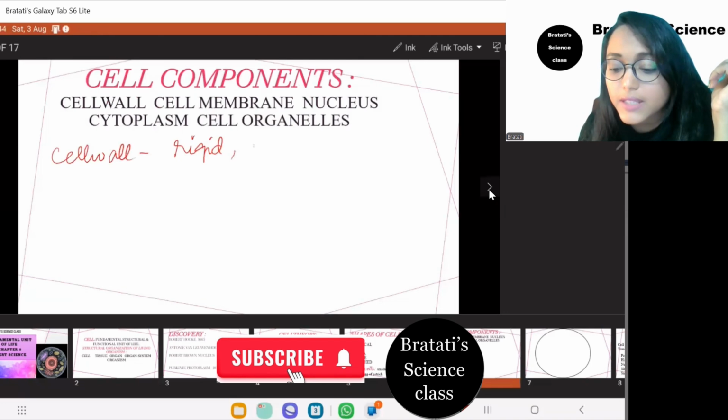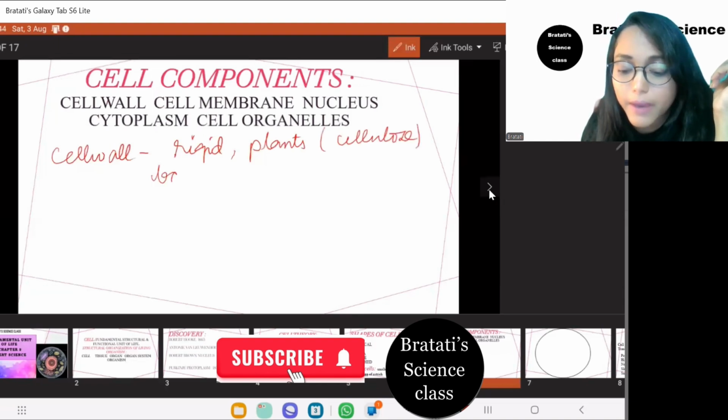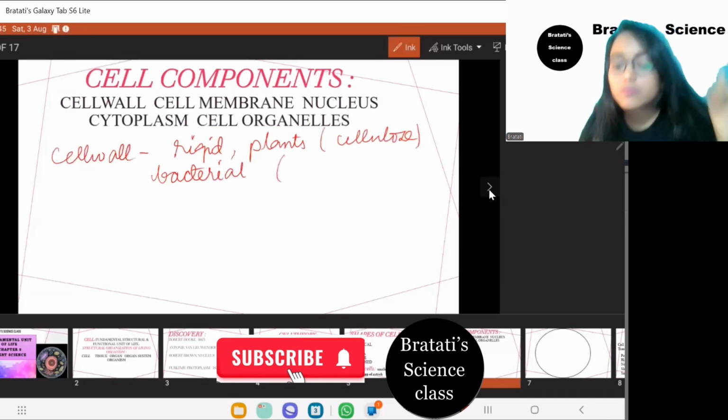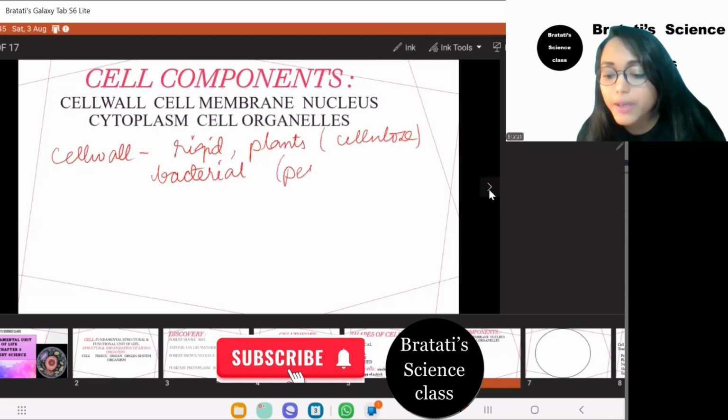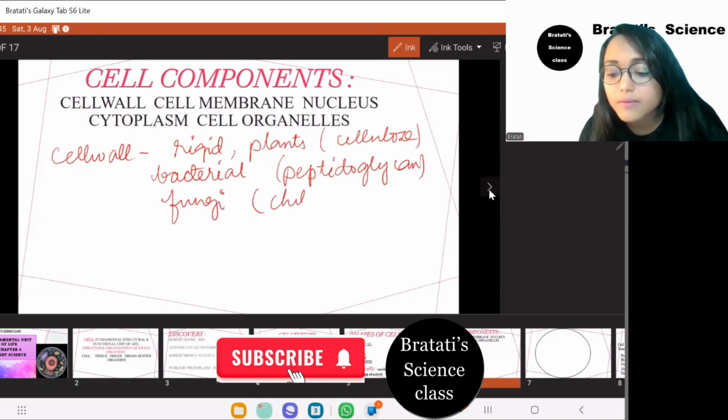In plant cells it is made of cellulose. In bacterial cells it is made of peptidoglycan. And it's also present in fungi, where it is called chitin.